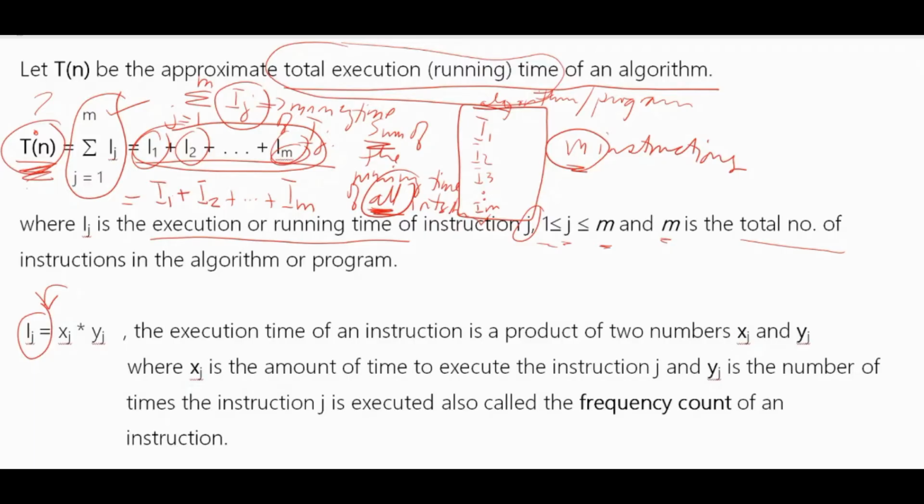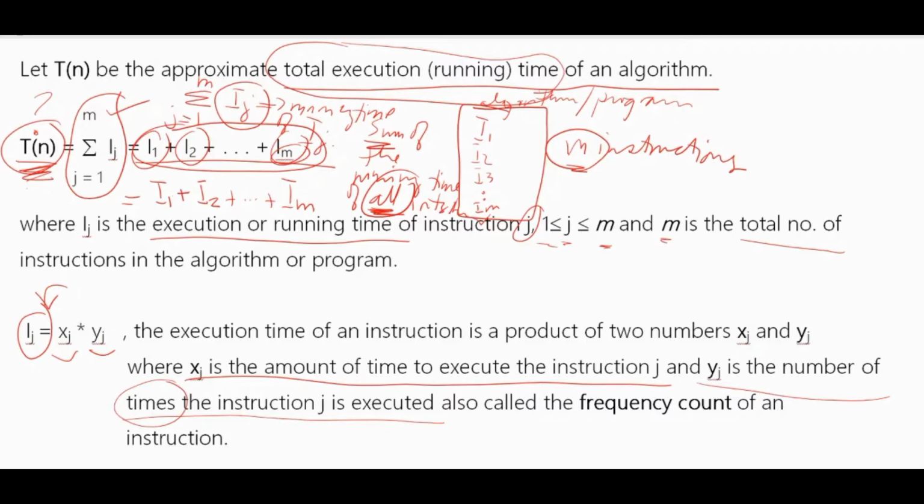Now, to compute the running time of one instruction, we need to know the values of two items, xj and yj, where xj is the amount of time to execute instruction j, and yj is the number of times the instruction is executed.